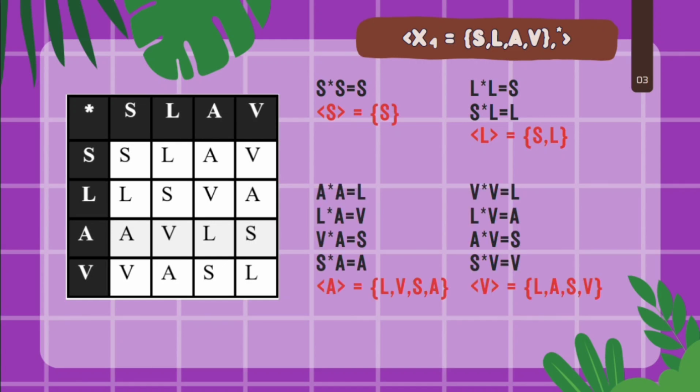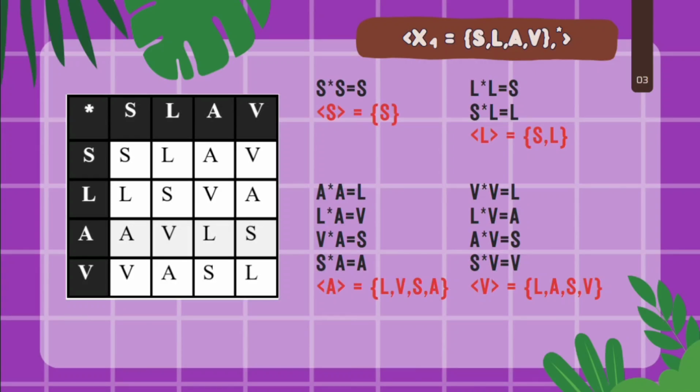Let's have the element A. A star A is equal to L, L star A is equal to V, V star A is equal to S, and S star A is equal to A. As you can see, A generates all the elements under X sub 4.